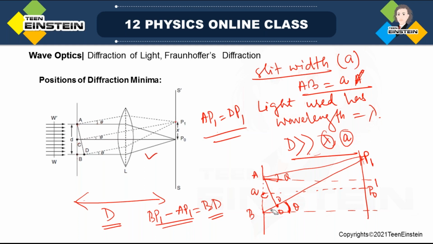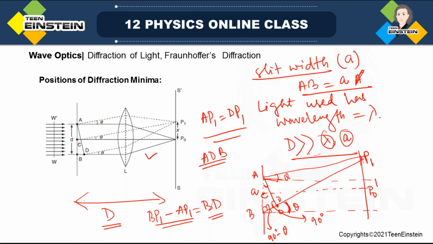The angle ABD is theta, as we have learnt, so this particular angle will be 90 degrees minus theta. And since AD is perpendicular, this is already 90 degrees.